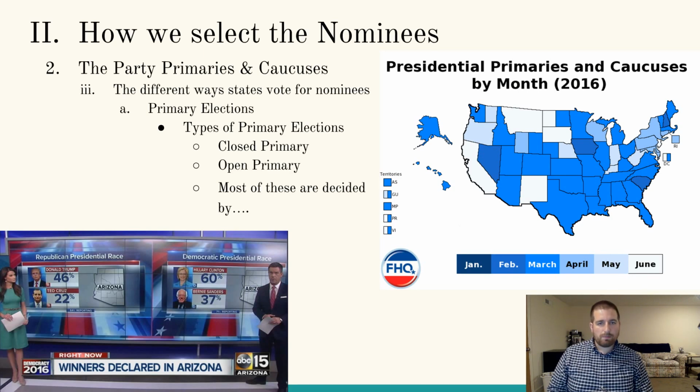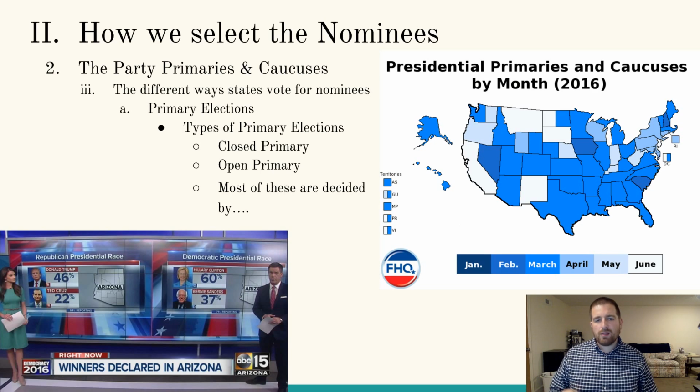Let's say we split the vote 35, 30, 30, and then the other 5% just wrote someone in or submitted an empty ballot. I got 35%, so I got the most votes in that primary. I didn't get the majority, though. Only 35% of the voters voted for me. But in a primary and caucus system, that doesn't matter. I still had the most votes, or I had the plurality. So I win that primary.